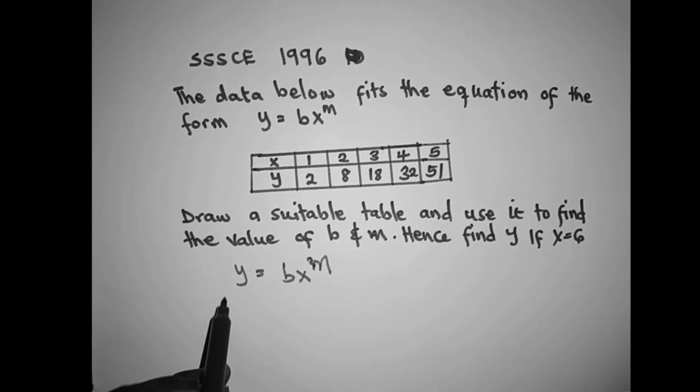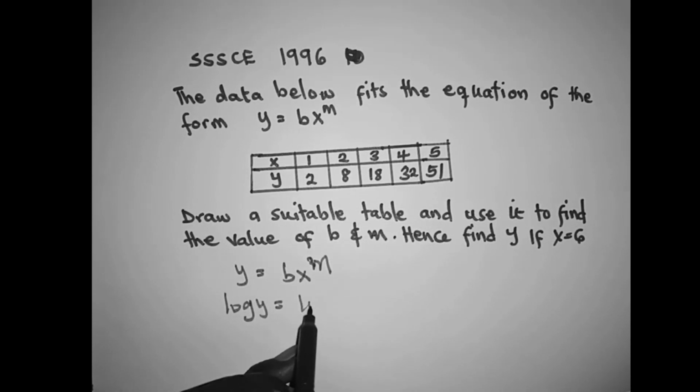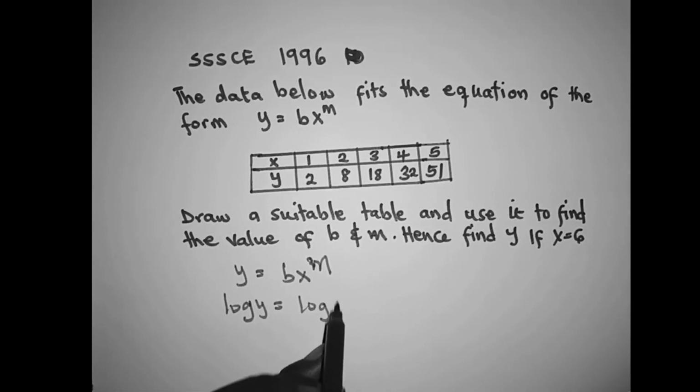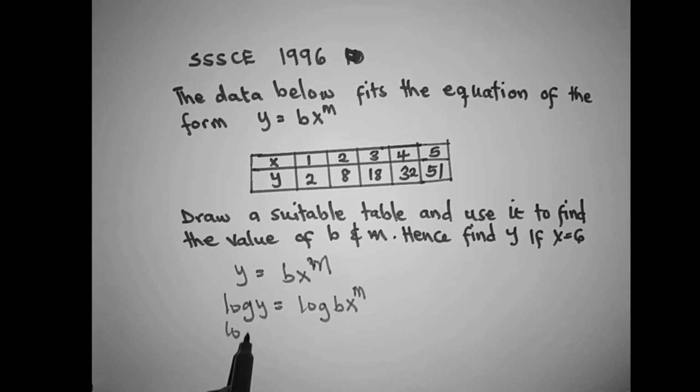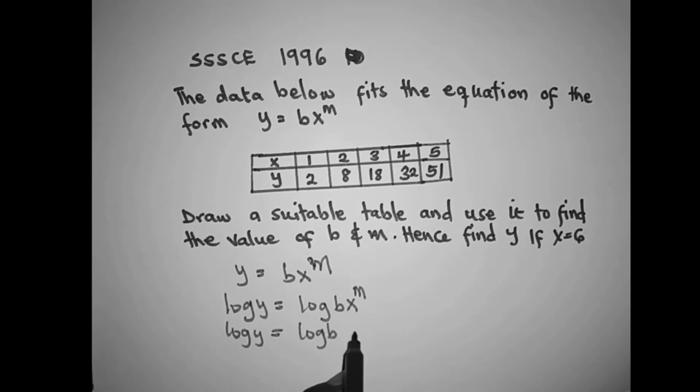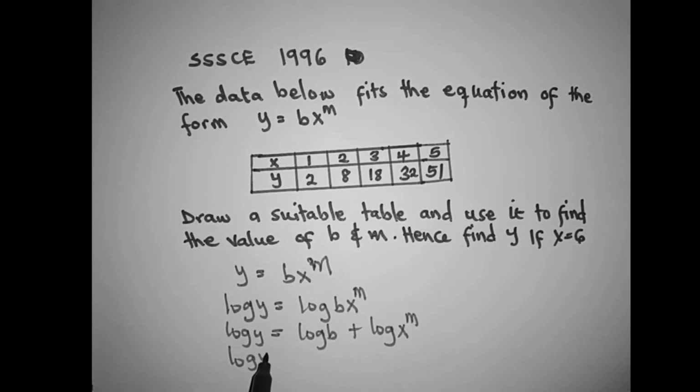What is log y? Log y is equal to log of b x exponent m. So log y is equal to log b plus log x exponent m, so log y is equal to m log x plus log b.